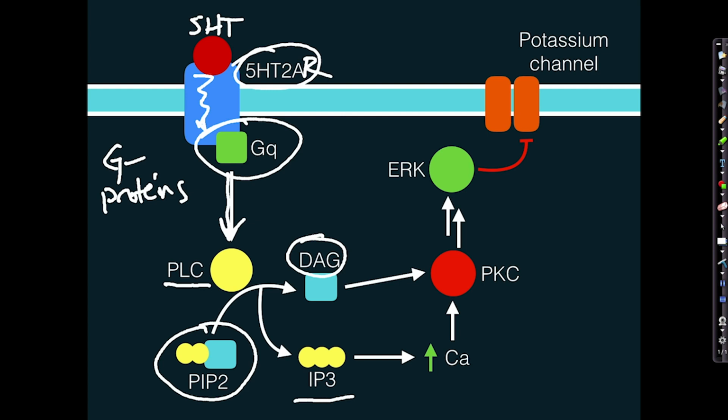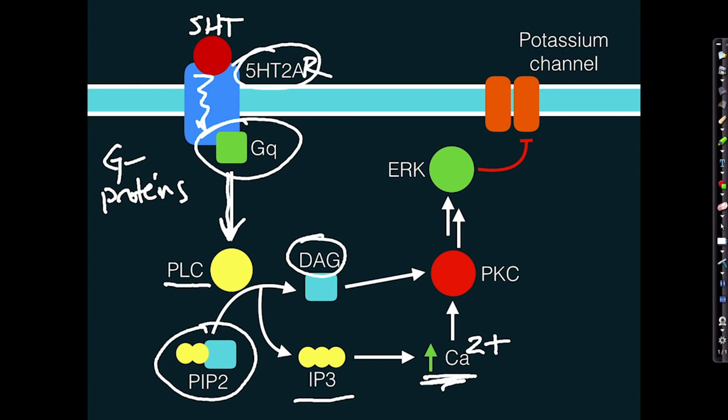Now, these two molecules then have two distinct effects, but which are ultimately connected. So IP3, indirectly and through a rather complex mechanism that I'm not going to go into, causes the level of calcium inside the cell to rise quite dramatically. So it leads to a dramatic increase in the concentration of calcium. Specifically, these are calcium ions, or I should really put Ca2+ here.